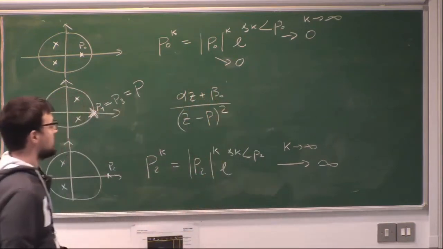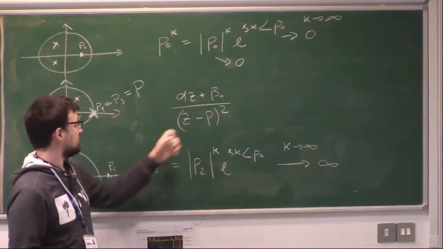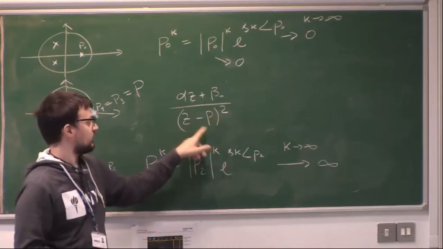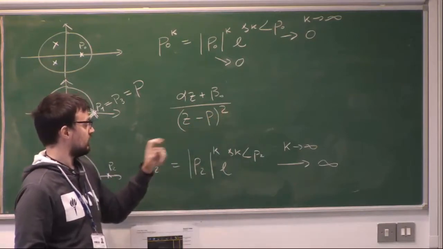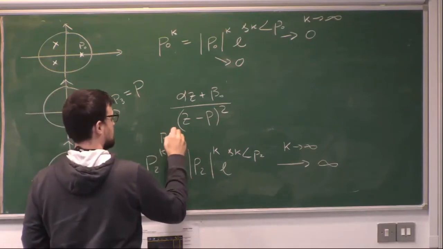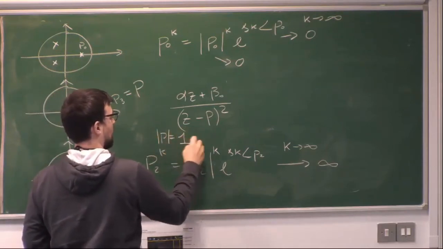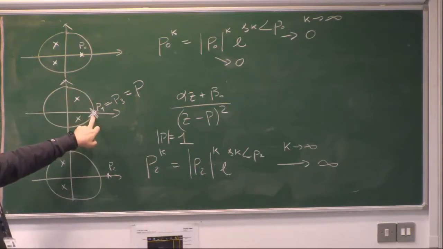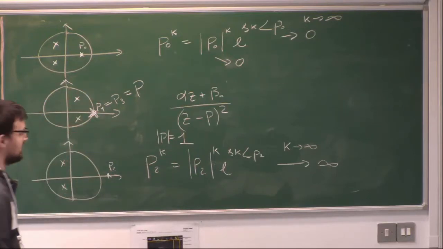Okay, so this is a transfer function, if you want, that has two poles in p, okay, because it's z minus p squared, okay, and we assume that p is in absolute value equal to 1, okay? So we are on this circumference, and in this case, in particular, we are on 1, but this doesn't change.